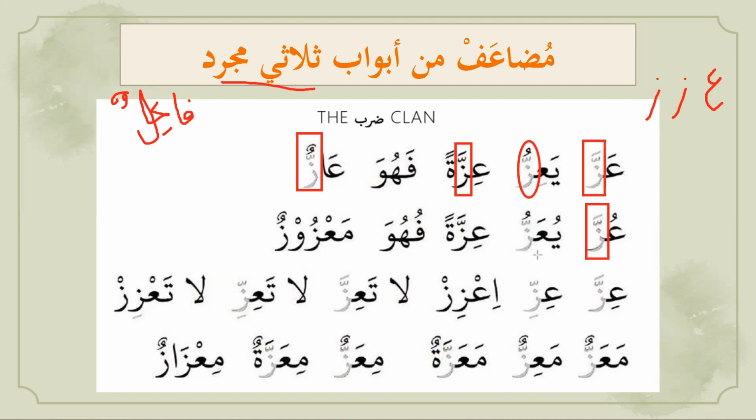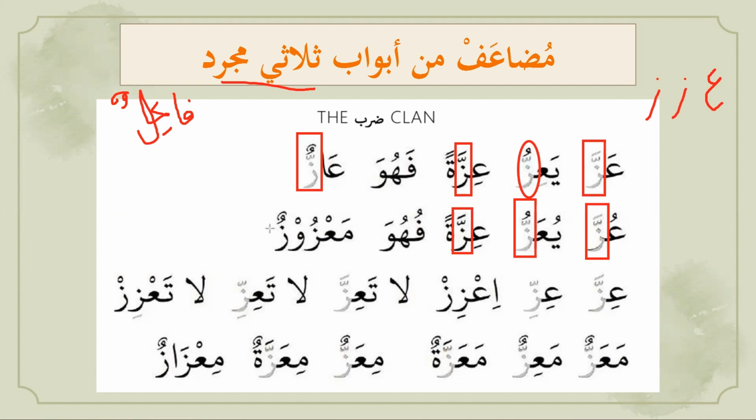Then the present passive, fi'l mudari mabni lil majhul, the pattern is yuf'alu, so it should have been yu'azazu, but it becomes yu'azzu. Masdar remains the same, and in the mudari you can see yu'azzu instead of yu'azazu.